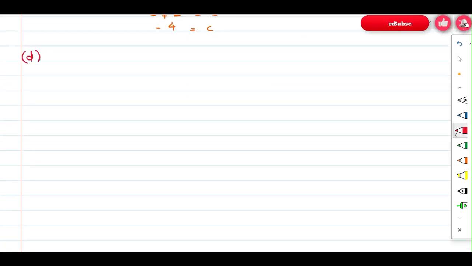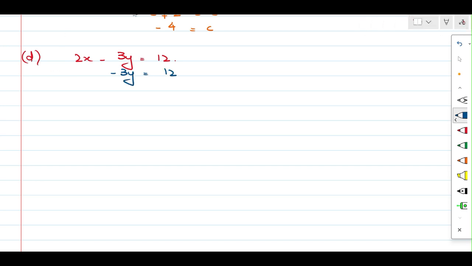2x minus 3y equals 12. All right, now we keep the 3y here, and we have 12, and shift the 2x to the other side, minus 2x. Then we divide everything by negative 3.